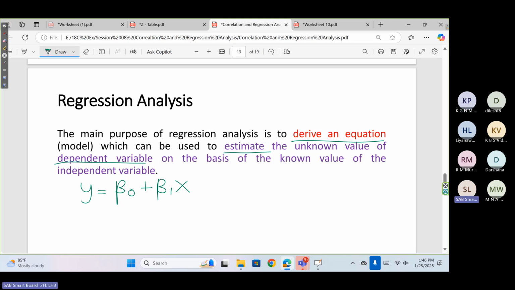Why? There is only one independent and one dependent variable. If the regression model consists of one independent and one dependent variable, we call it a simple regression model.